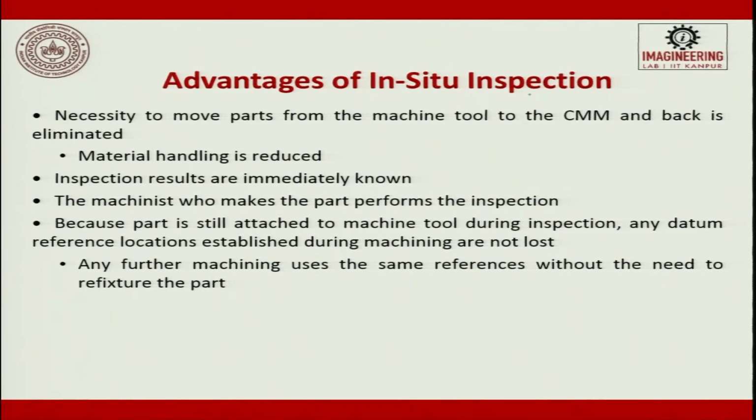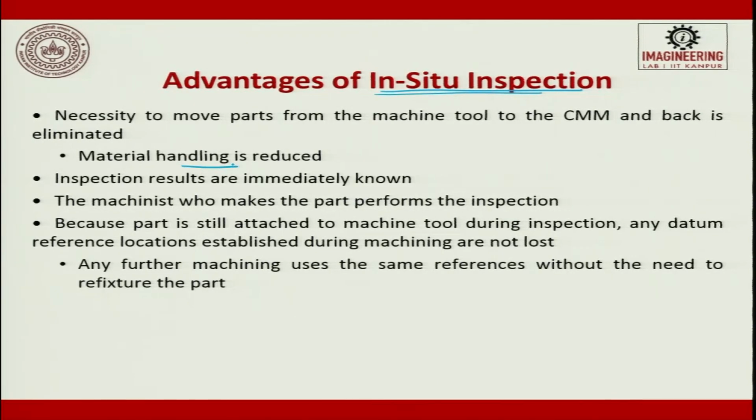The advantage of in situ inspection is that the necessity to move parts from the machine tool to the CMM and back is eliminated. This is what I said earlier: we used to check the quality after the part is made. Nowadays, it is checked while the part is made. Between two operations, it measures whether the dimensions are okay for the next tool to interact.